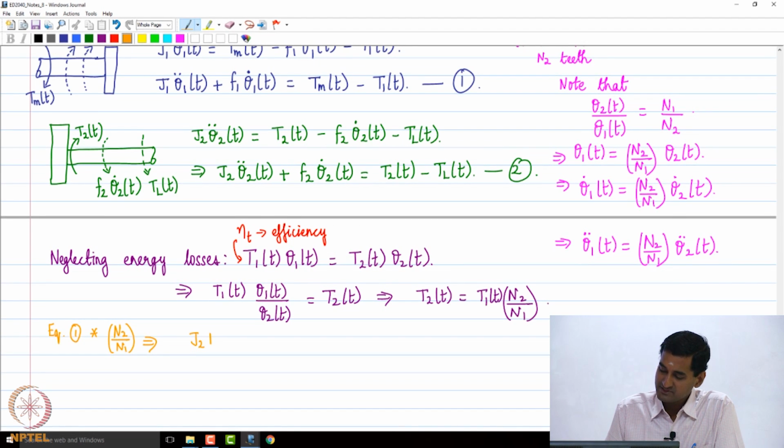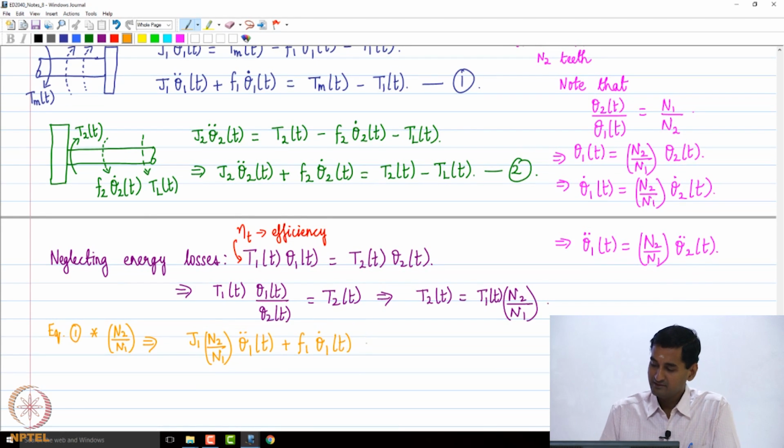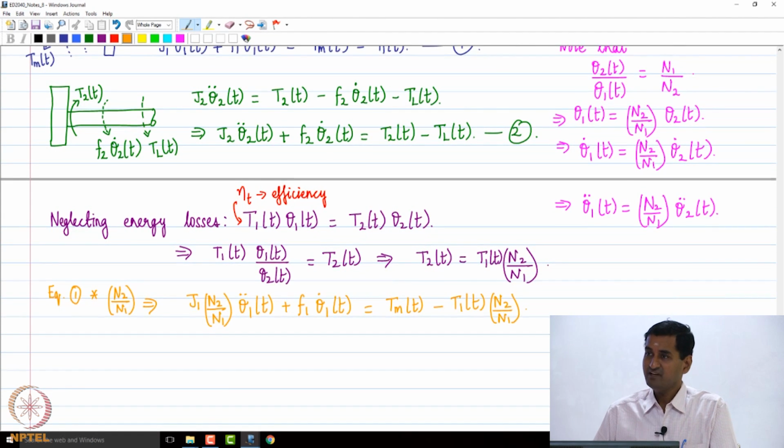I will get J1 times N2 by N1 theta 1 double dot t plus F1 theta 1 dot t, that is going to be equal to TMt minus T1t N2 by N1. That is what I will get once I multiply by N2 by N1 on both sides.